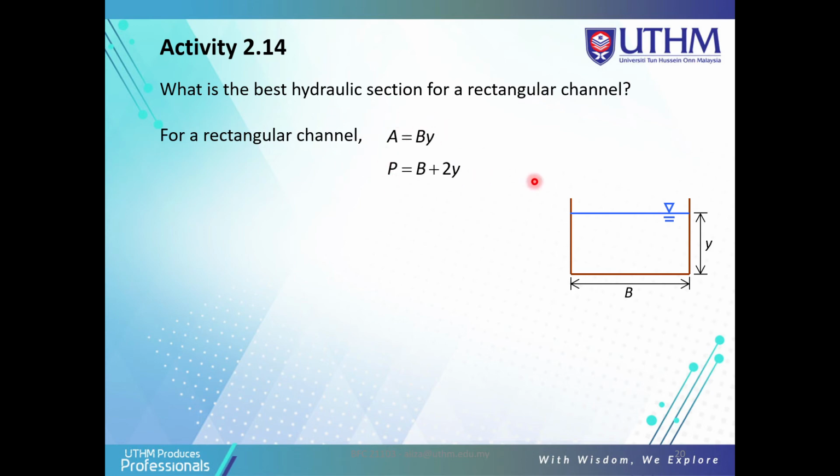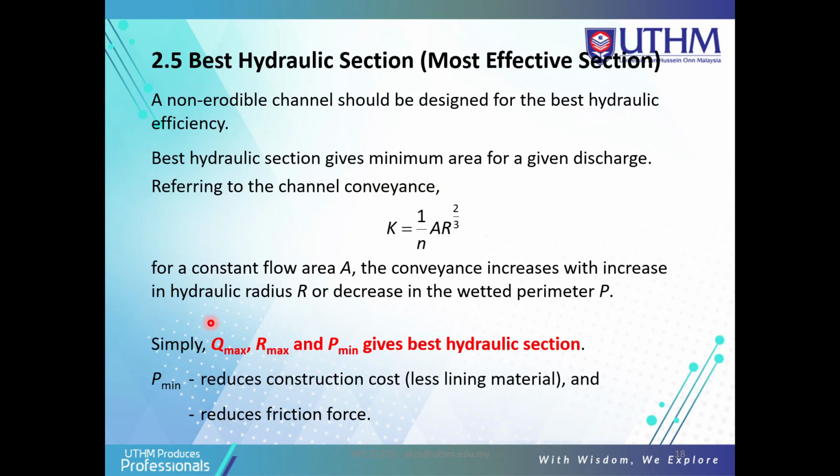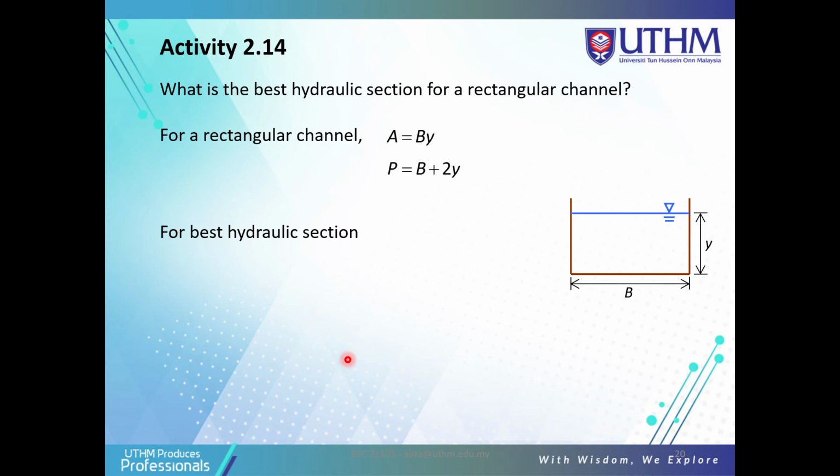For the best hydraulic section, P is minimum, while Q is max and R is max. So when P is minimum, we must use dP over dy is 0, because P is minimum, to get the best hydraulic section.